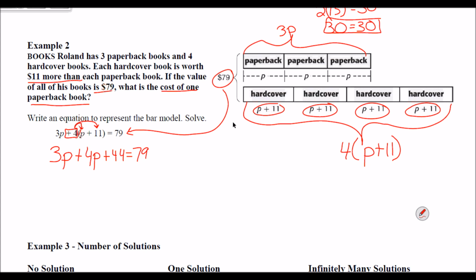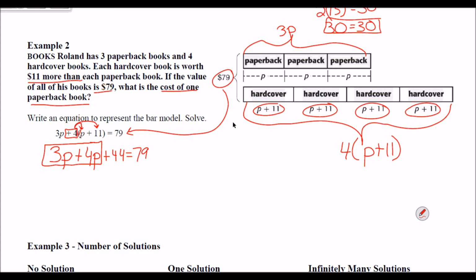So I'm looking only at the left side of my equation. So I have a 3p plus 4p plus 44. And these two terms right here are important because they both have the same exact variable of p. So they can go together because they are like terms and they're on the same side of the equation.